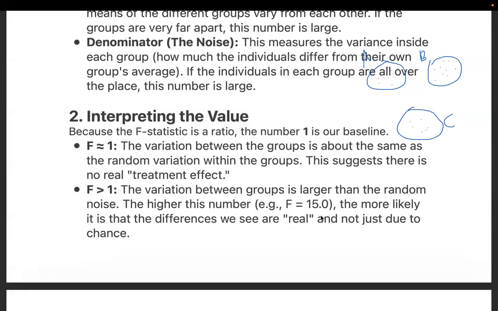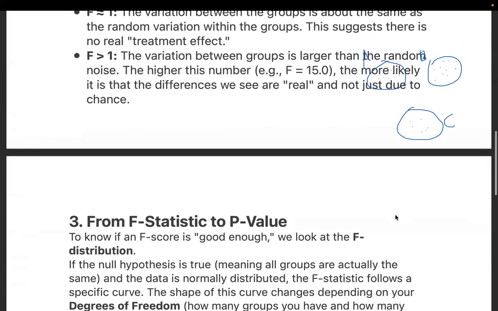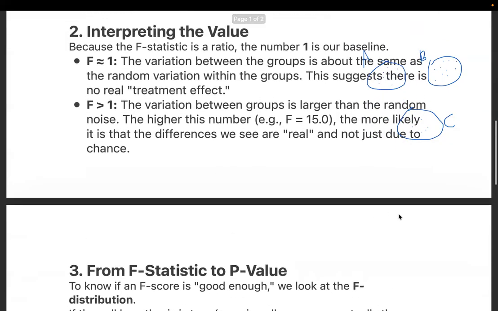It's actually due to the fertilizer. At least one of them is significantly different. It doesn't tell you which one, but it could be the difference between B and C, so this fertilizer may be very distinct from these two or whatever. And the more likely the difference is real and not just due to chance, if F is greater than 1.